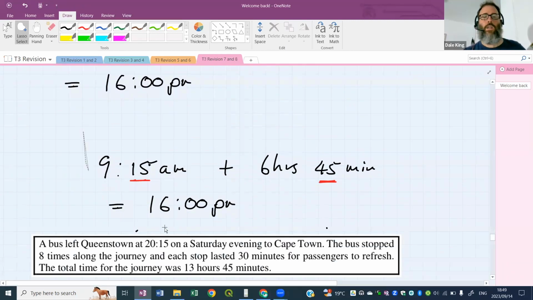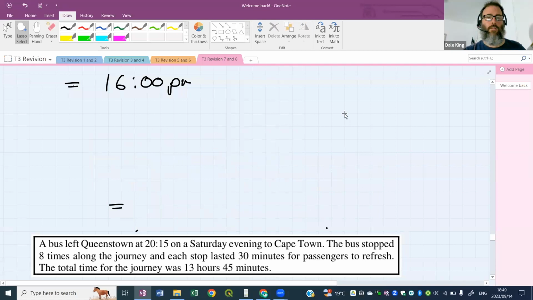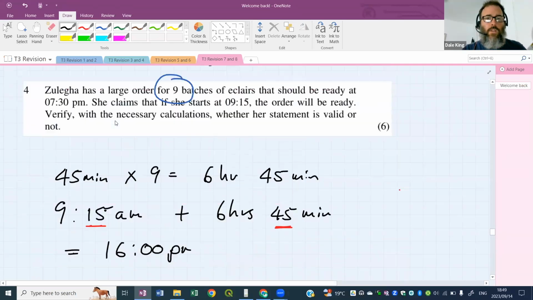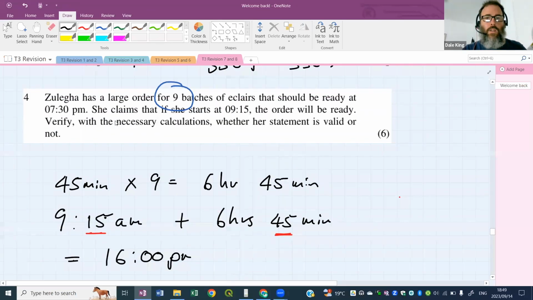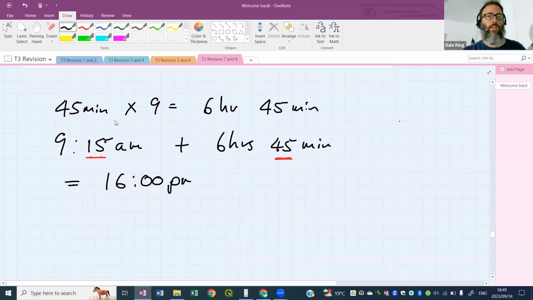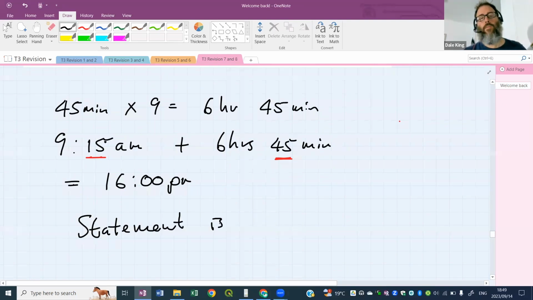We need to write a little statement at the end to say, yes, she will be ready. Because it says that she should be ready, her statement is valid. She will be ready.